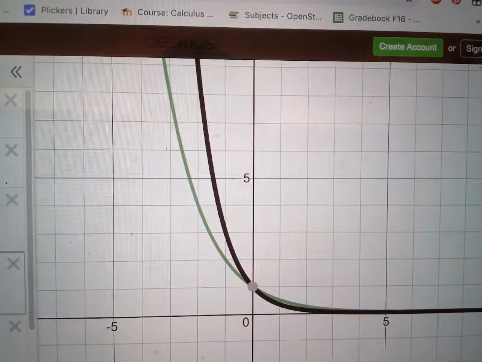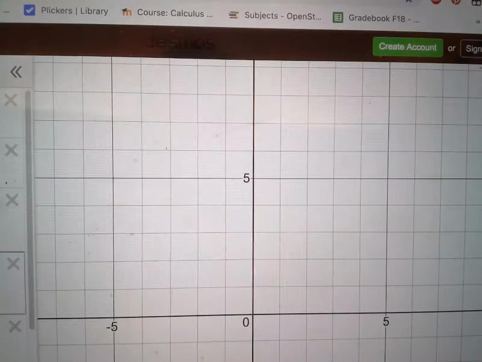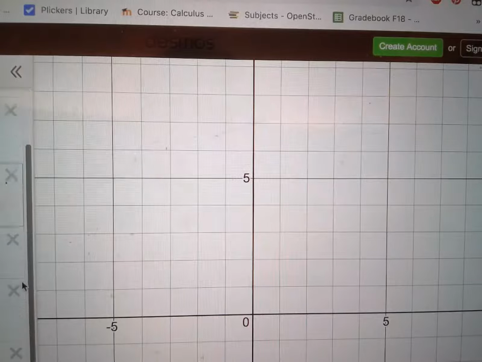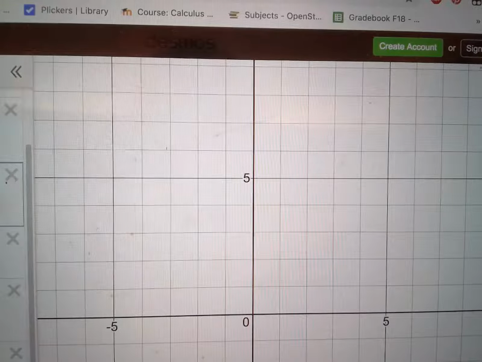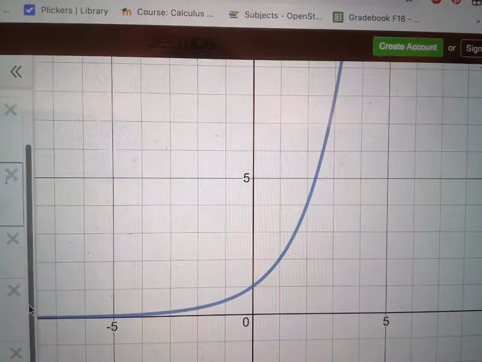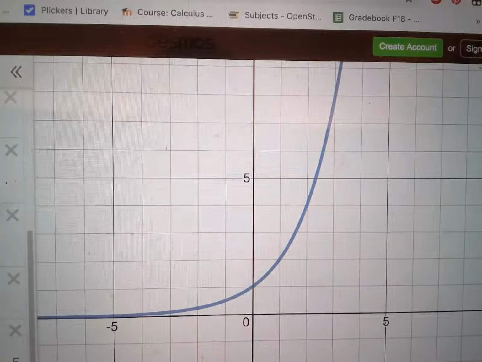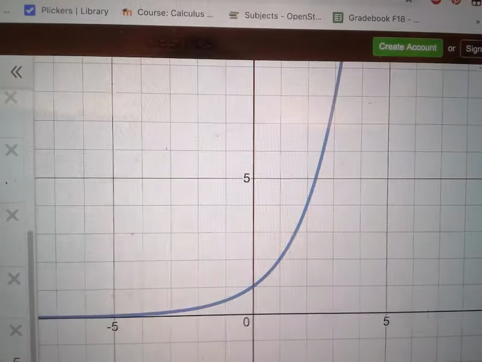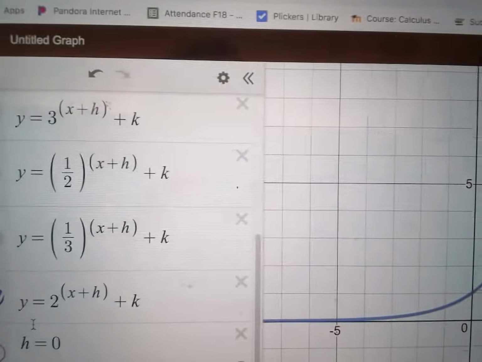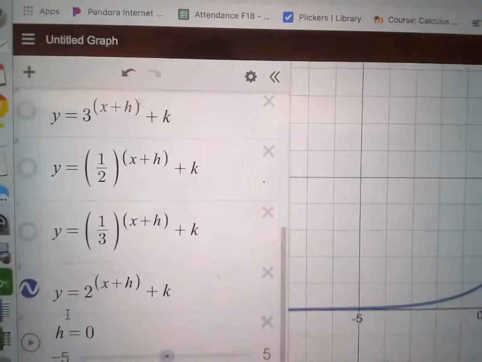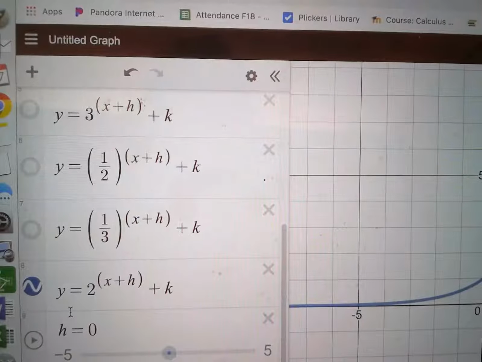The first thing that we'll look at is y equals 2 to the x again, and I have it set up in my Desmos so that I can manipulate it. I'm looking at the purple one there, which is y equals 2 to the x plus h, plus k.